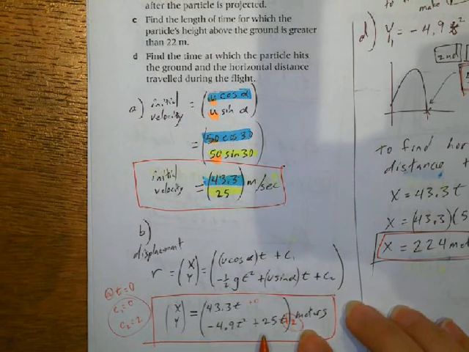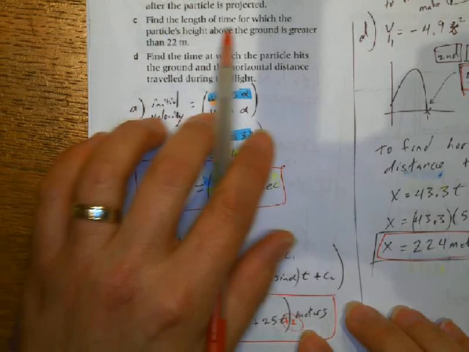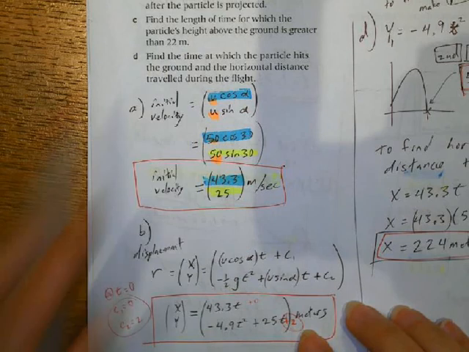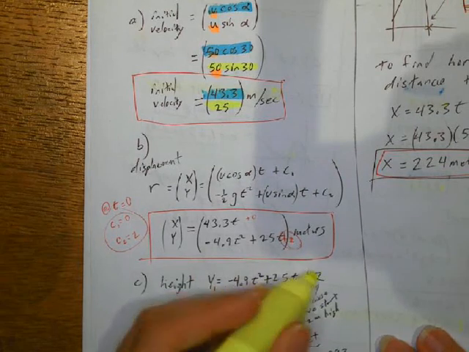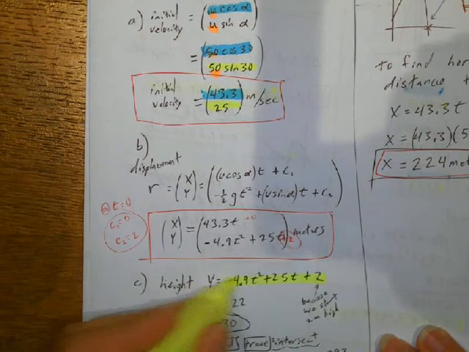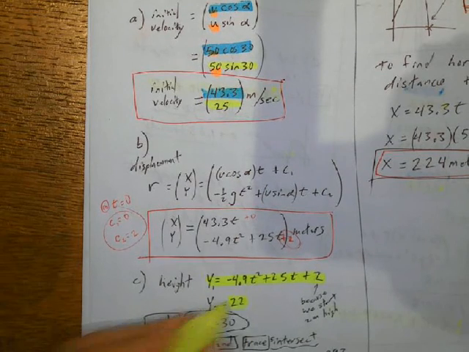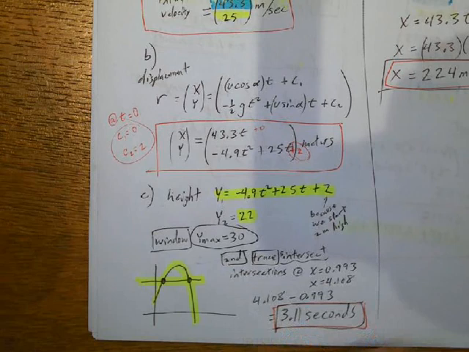Question C. Find the length of time for which the particle's height above the ground is greater than 22. The easiest way to do this is to type in this height equation and this height equation, and that's going to give me this horizontal line and this parabola.